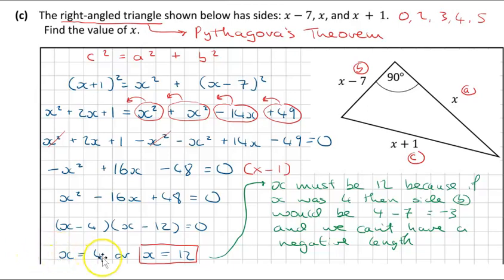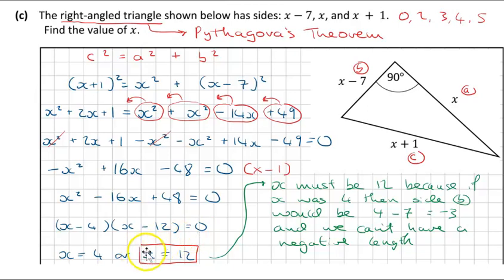So x is equal to positive 4, or x is equal to positive 12. But we actually have to go with 12 as our answer. So x must be 12, because if x was 4, then side B, which is over here, would end up being 4 minus 7, which is minus 3. And we can't have a negative length. That doesn't make sense mathematically.